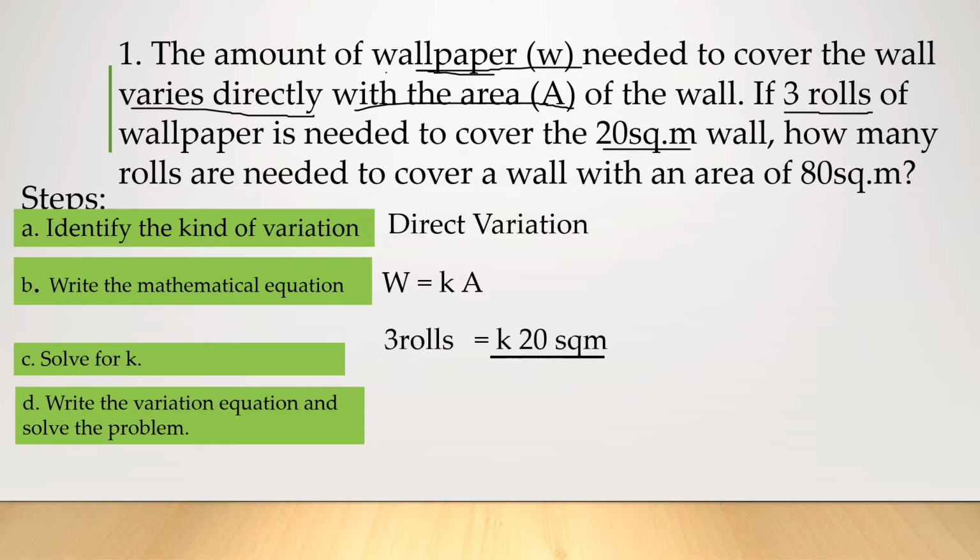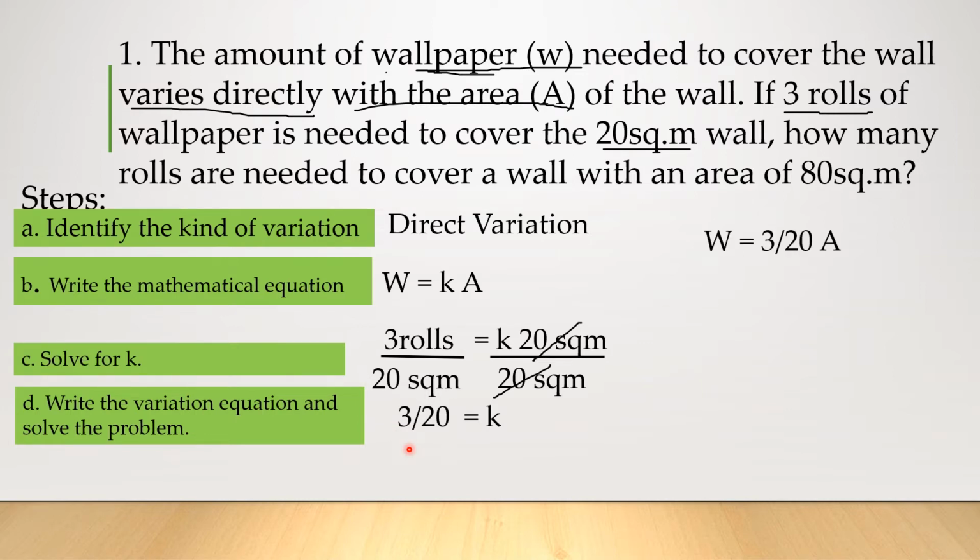Divide both sides by 20 square meters to solve for K. So that is equal to 1, or simply, it cancels. And then here, what is left is K is equal to 3 over 20. 3 rolls for every 20 square meters. That's the constant of variation.